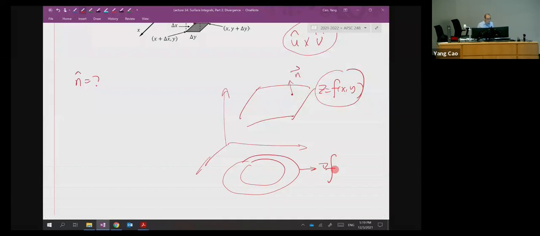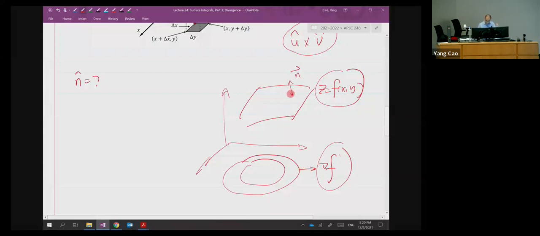But now I'm asking something different. What will be a vector, not perpendicular to the level curve, but perpendicular to this surface? Along the same line, you calculate the gradient of this f, you'll get a vector perpendicular to the level curve.